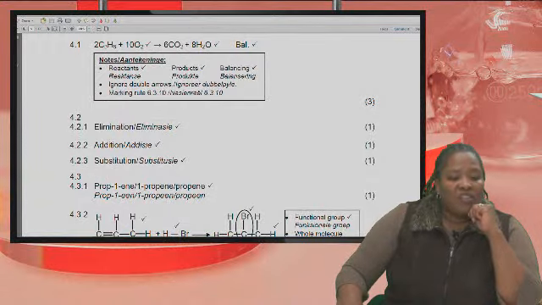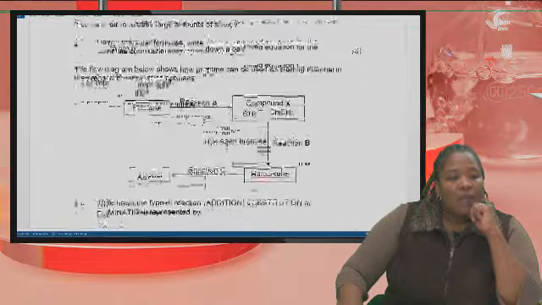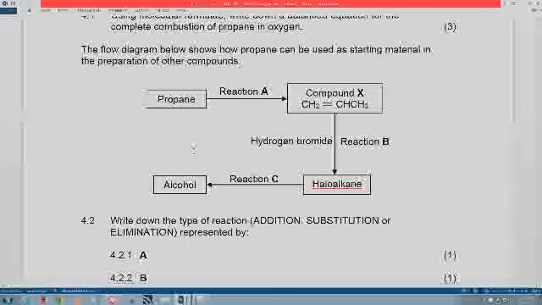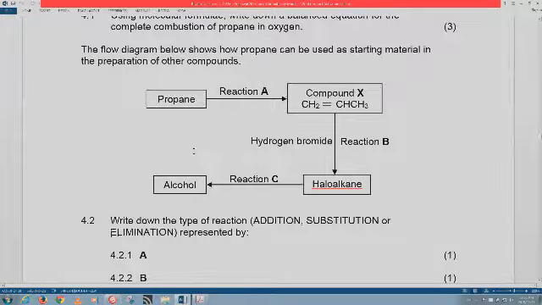And then the next question. The flow diagram below shows how propane can be used as starting material in the preparation of other compounds. Propane undergoes reaction A to form compound X with that condensed structural formula, and then that compound X undergoes reaction B in the presence of hydrogen bromide to form a haloalkane, and that haloalkane undergoes reaction C to form an alcohol.